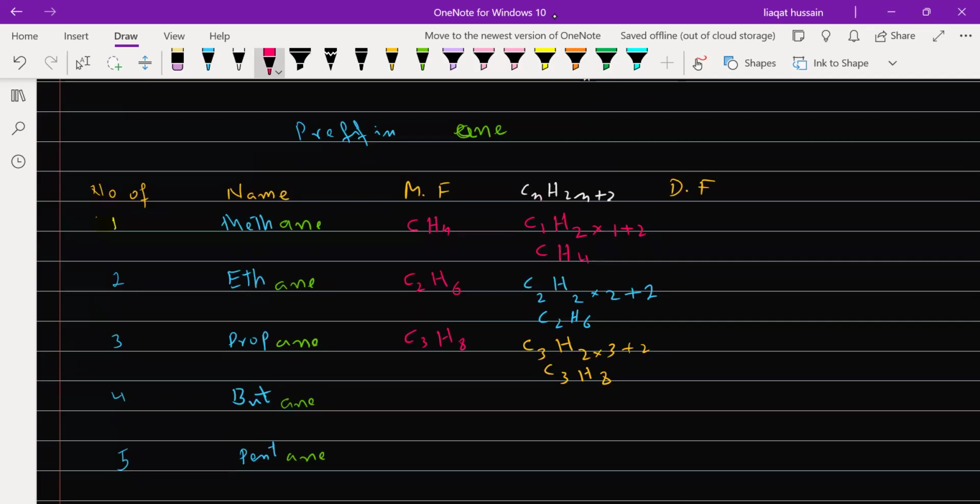Butane means carbon number 4, so hydrogen will be 2 multiplied by 4 plus 2. C4H, 2 fours are 8 plus 2, 10. So butane is written as C4H10.